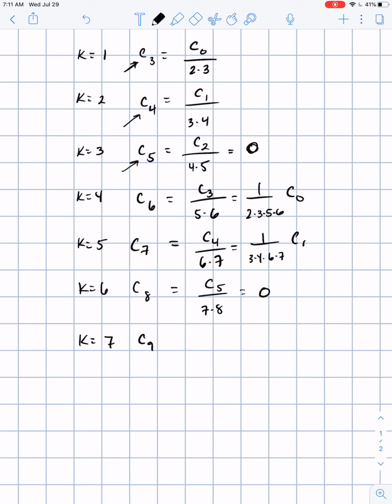So let's just finish out a couple more. C sub 9, c sub 6 over 8 times 9, but we know c sub 6 was up there, so you get this messy 2 times 3 times 5 times 6 times 8 times 9, and that's c sub 0.